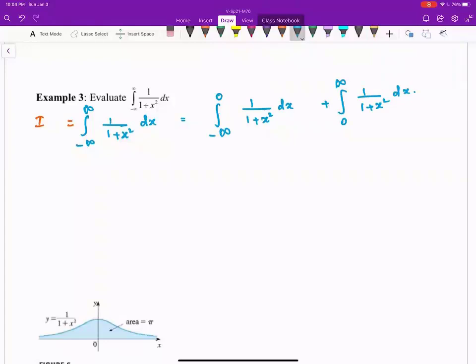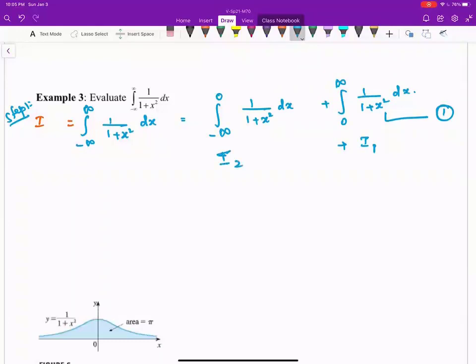We will evaluate each integral separately. We'll call this step number 1. We will call this one I1 and this one I2.